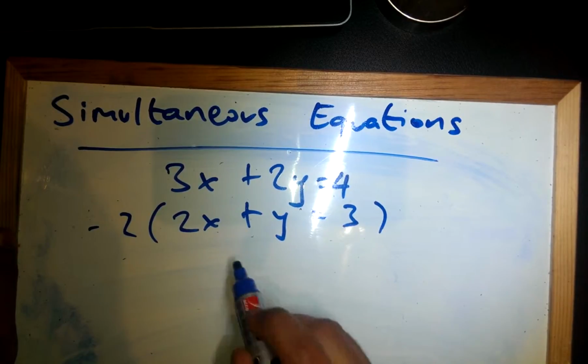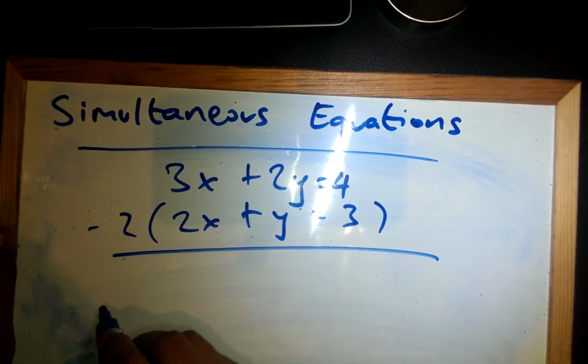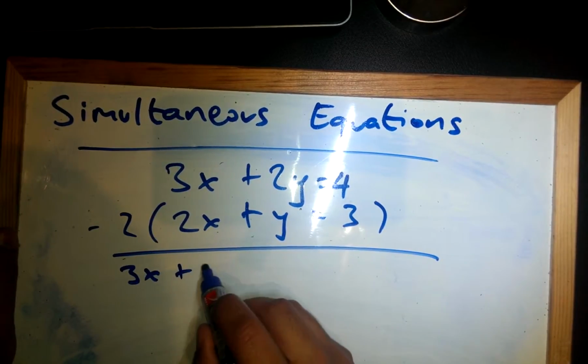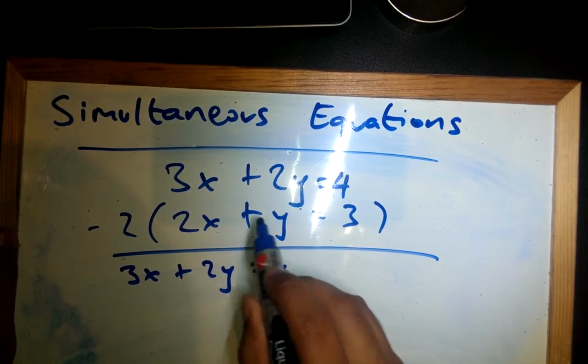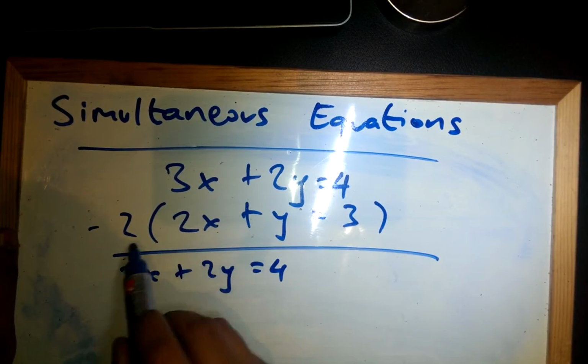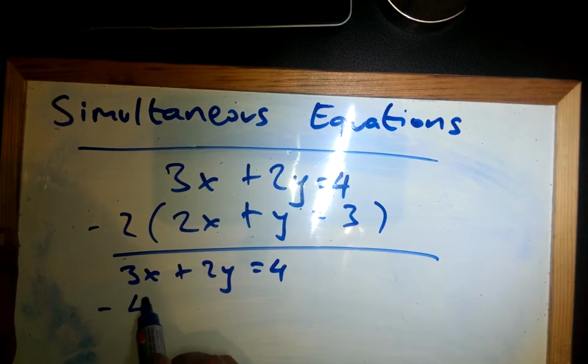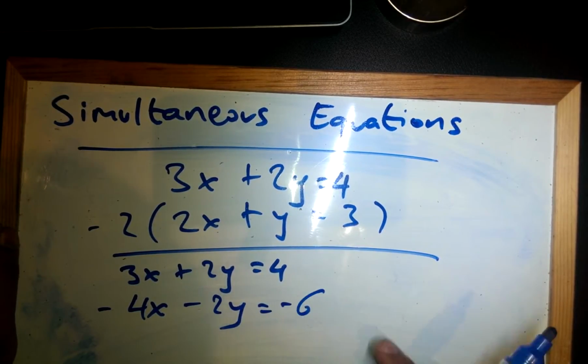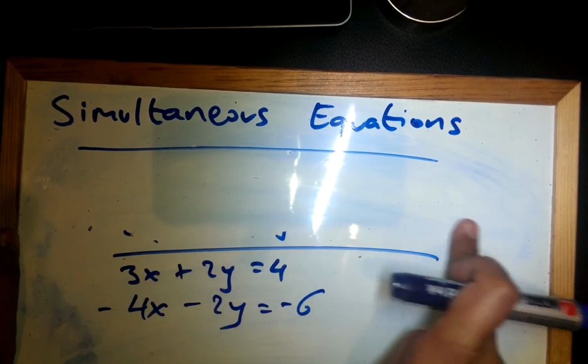So if I do that, I get something that looks a bit like this. 3x plus 2y equals 4, my top line, and this is minus 4x minus 2y equals minus 6.